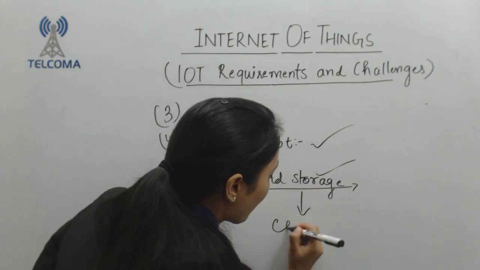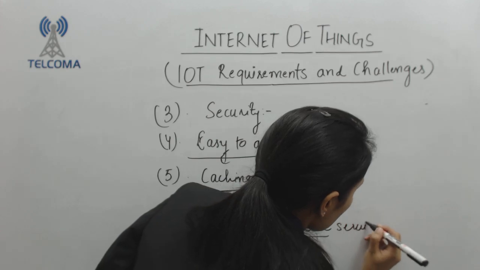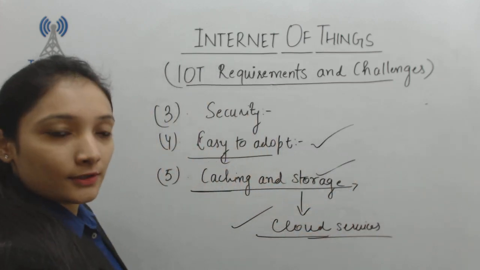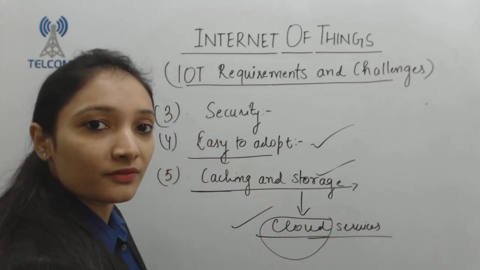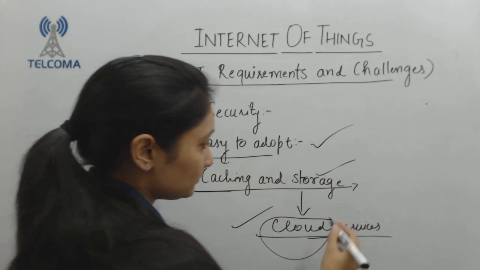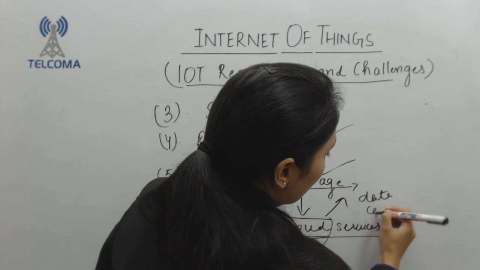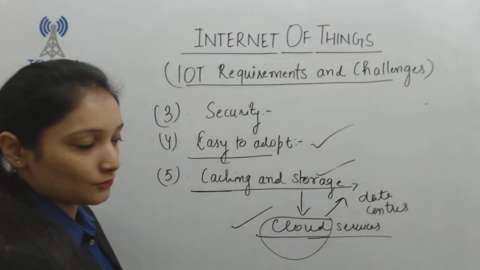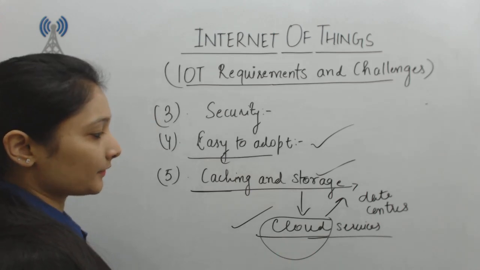So for that we have cloud services, which serve as an infrastructure platform for your Internet of Things to store a large amount of data. So we have big data centers here which are storing the data from a number of subscribers here.